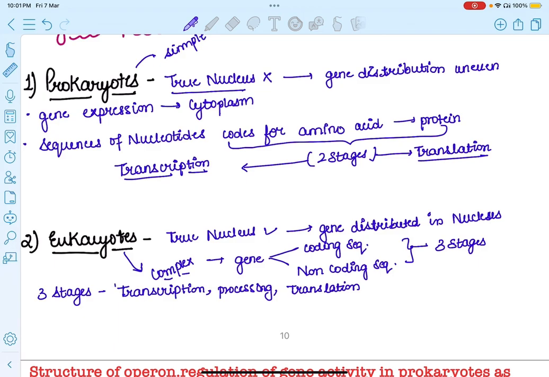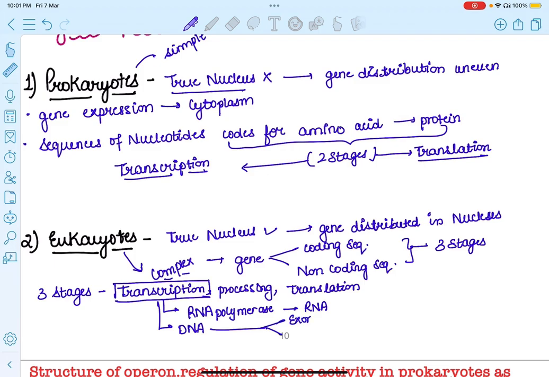Also, during this transcription process of eukaryotes, the enzyme RNA polymerase will copy to RNA, DNA would divide into two sequences, exon, the coding one, and intron, the non-coding one.